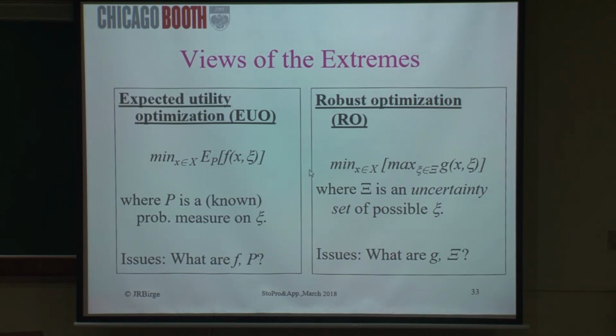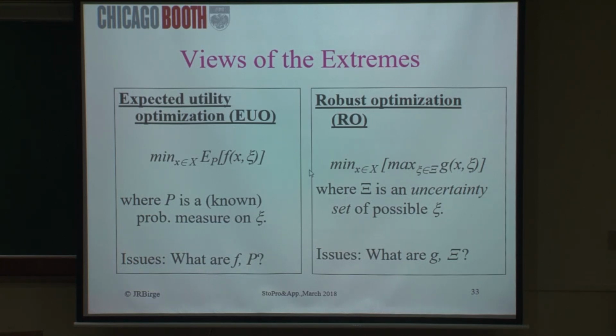So you could think of robust optimization as somehow being the same as expected utility optimization, but your function here is not necessarily the same as the function over here.